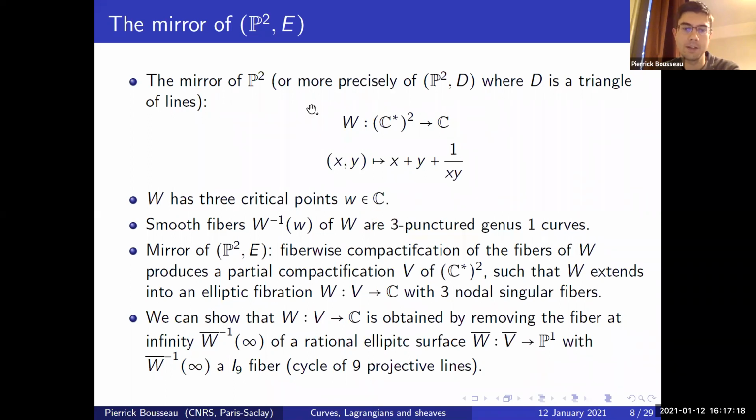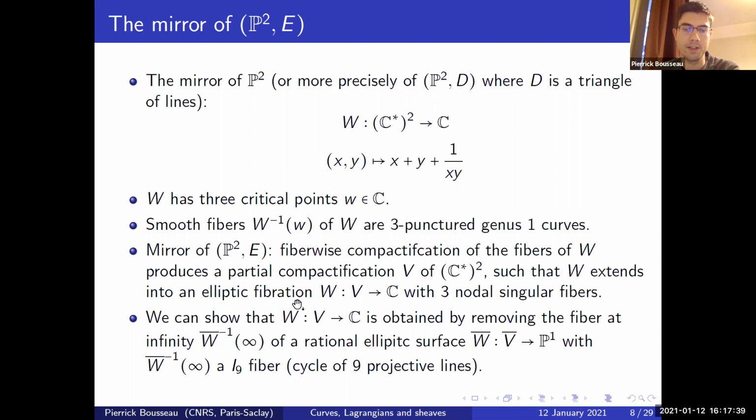But in some sense, it is more precisely the mirror of the pair P2D, where D is a divisor in P2 made of a triangle of lines. And what will be of interest for us now is a mirror of P2E, where E is a smooth cubic curve, which is obtained by deforming the triangle of lines.